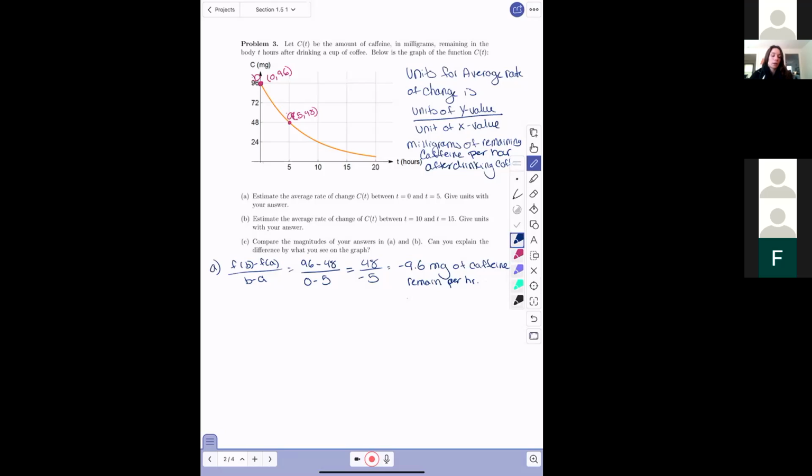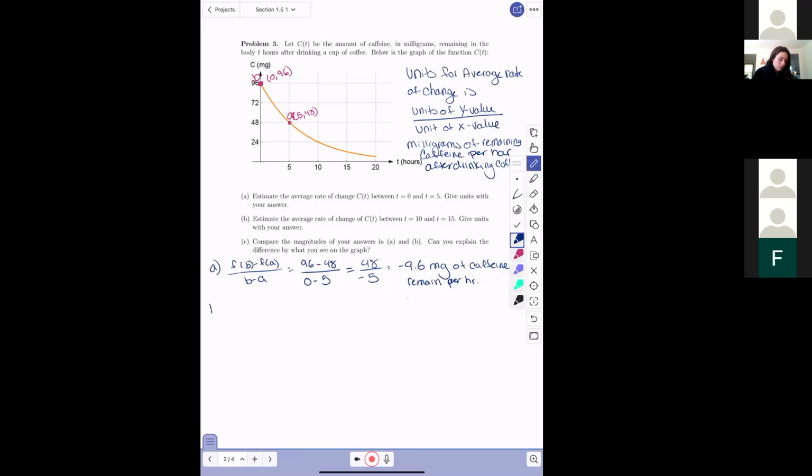So it's still per hour. Yeah, you could write this different ways. I'm just trying to write it so that my Y units come first and then my X units, so that you guys get in the habit of knowing that it's always Y over X, Y per X, Y unit per X unit. But you could write it any other way that makes sense to you. Okay, thank you. Good question.